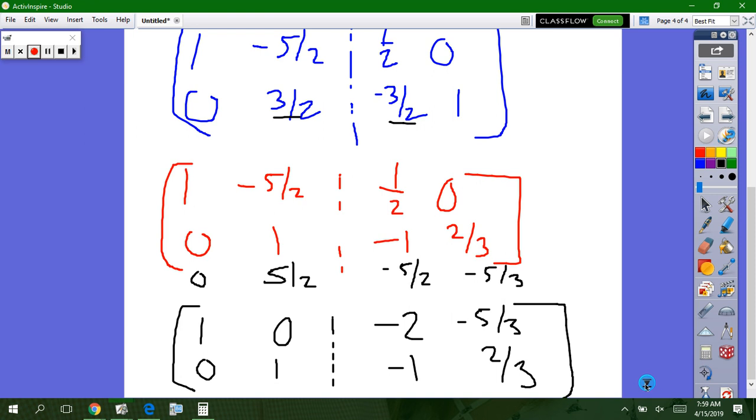So therefore, if we went back, give me 1 second, I'm going to go back. I'll let you guys catch up really quick, actually. Yes, sir. Because it was 0 plus 5/3, negative 5/3.